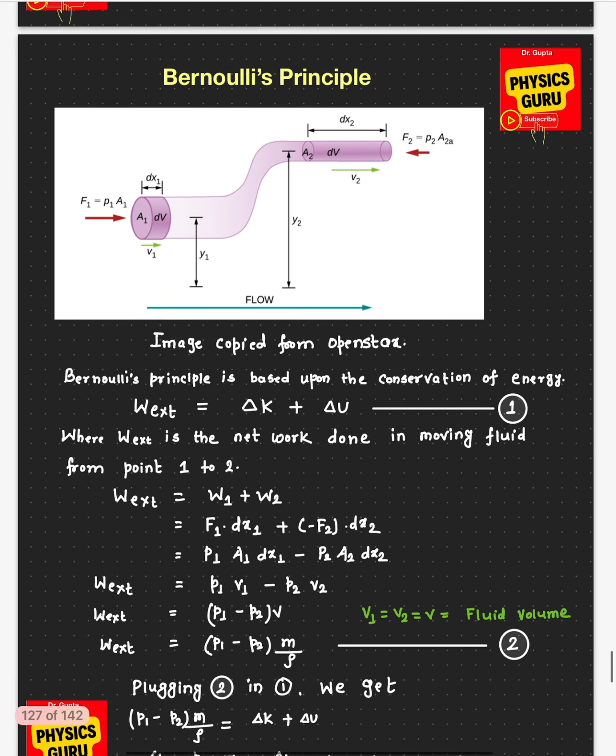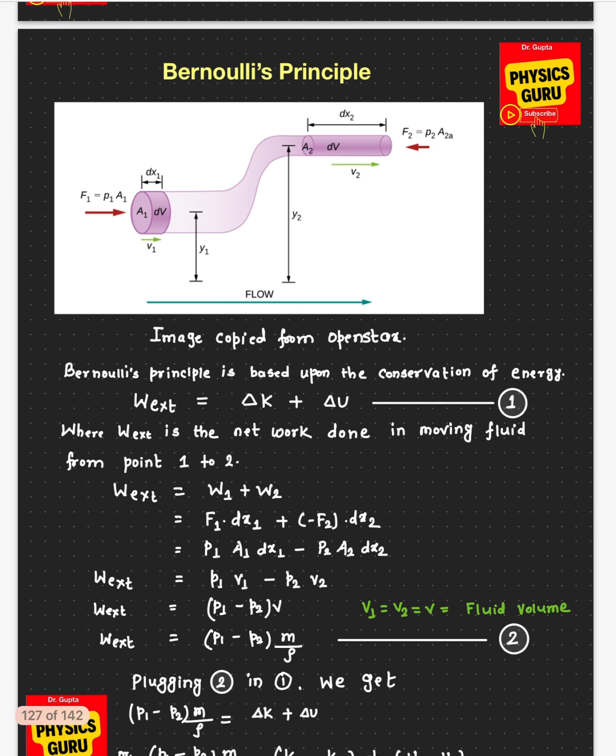Here we're going to derive the Bernoulli equation. So we have chosen a pipe here. It could be any shape. Here is a pipe whose cross-sectional area is A1 at this point, and the cross-sectional area is A2 at this point. And as I mentioned, it could be any shape.